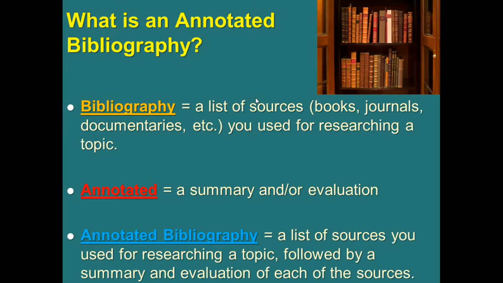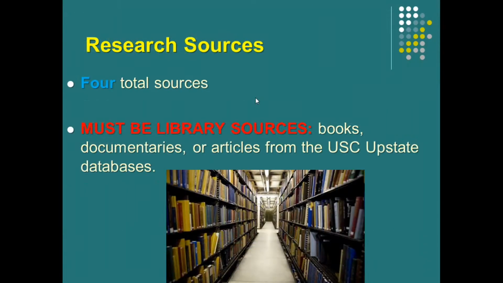So again, annotated bibliography means you've got a list of your sources in the correct works cited format, meaning you've got all that information there in MLA format. But then underneath it, you've given extra information. You've got summaries and evaluations about those sources that you've used to research your topic.